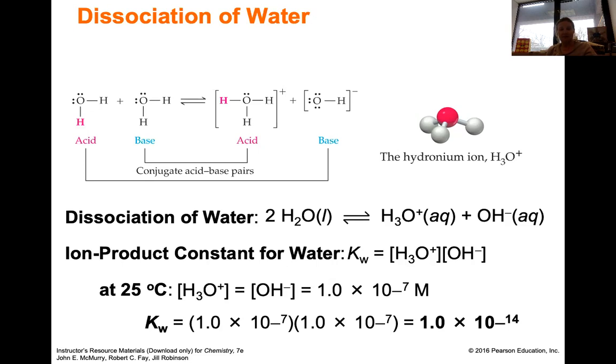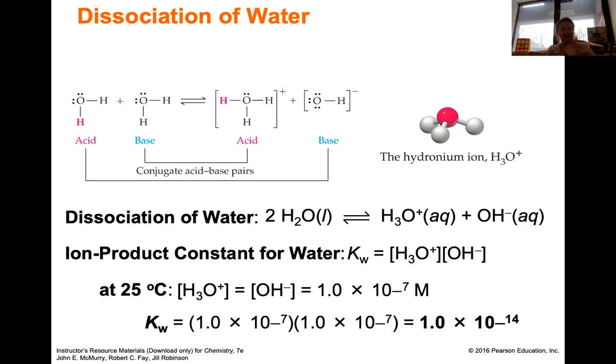One would give up a proton, one would pick up a proton, and you get H3O plus and OH minus. This dissociation of water is shown in the reaction right in the middle. If you have two water molecules, one can pick up a proton, one can give up a proton, and you form H3O plus and OH minus.